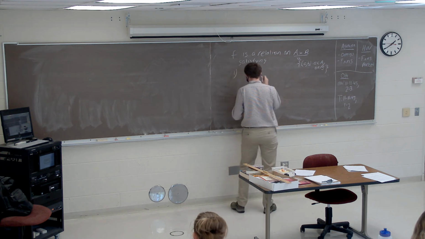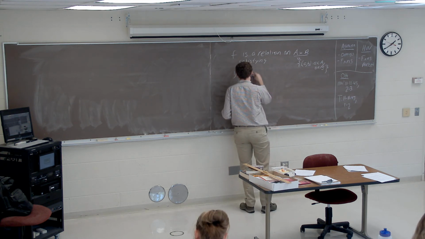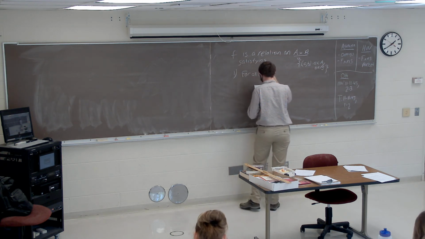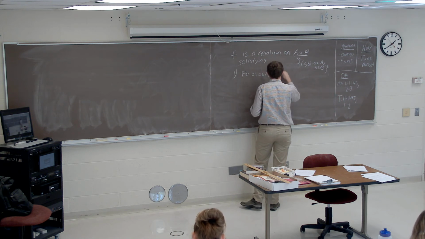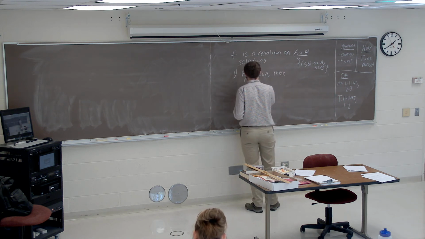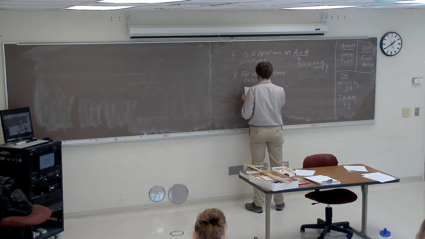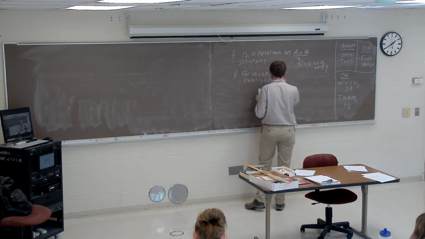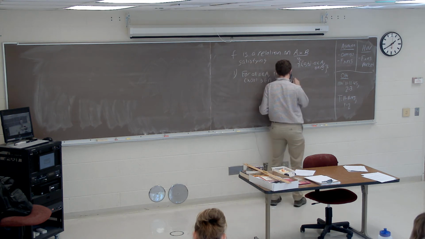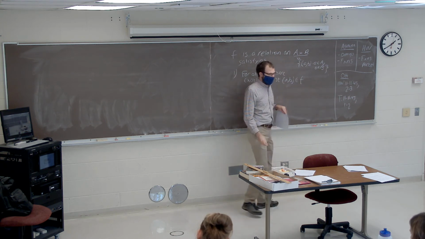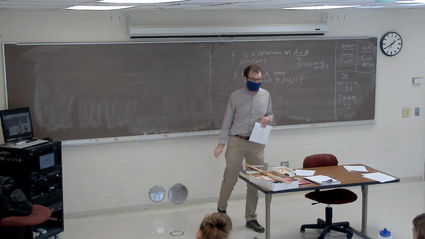And the two conditions we want: first, for all elements little a in big A, there exists some little b in big B such that (a, b) is an element in our relation.